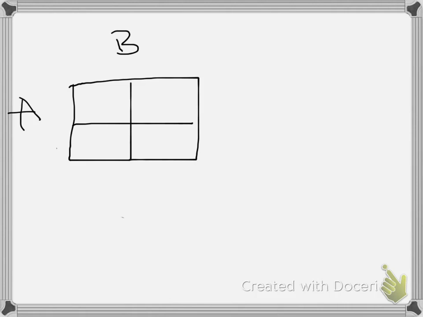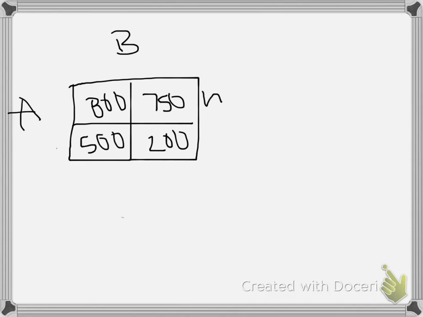I decided to use the numbers 800, 750, 200, and then 500. And again, we get 775.